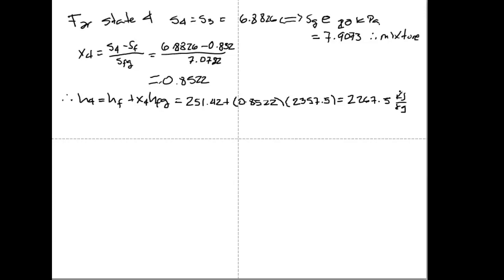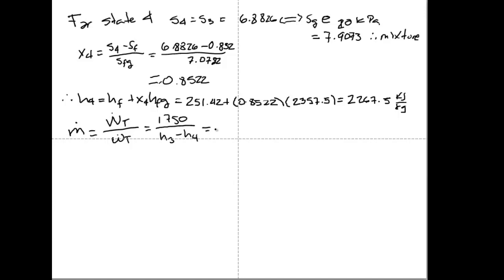So now we have all the data we need. We have the 4 enthalpies. We're going to compute the mass flow rate, which is the power of the turbine divided by the specific work of the turbine. So it's 1750 divided by H3 minus H4, where H3 is the inlet.